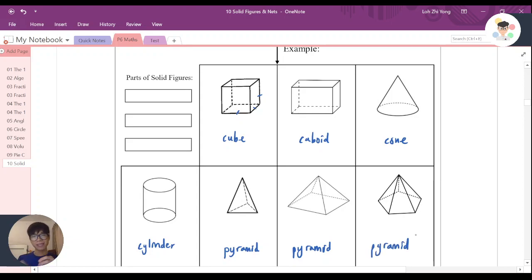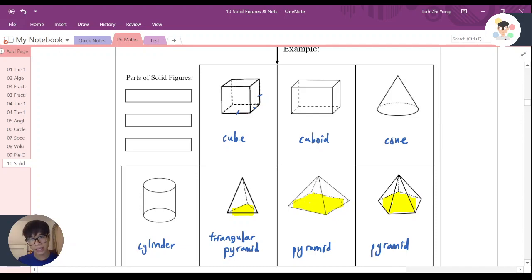However, to be specific, you will notice that the base here has three sides, the shape here has four sides, and the shape here has five sides. And we have a specific name for all these three different pyramids. This is a triangular pyramid.